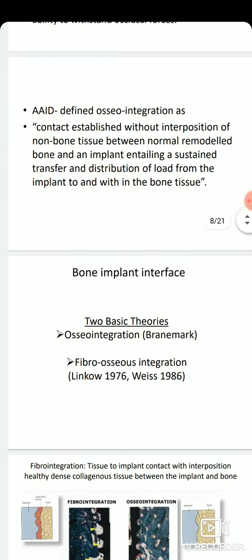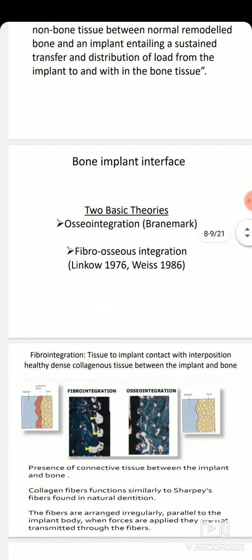The bone implant interface is studied under two basic theories, that is osseointegration given by Branemark, which is direct connection of bone and implant, and fibro-osseous integration given by Linkow and Weiss.